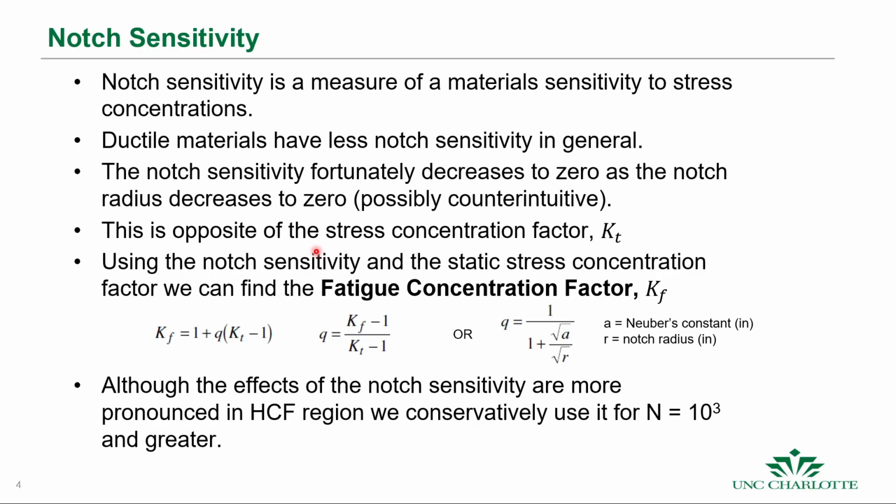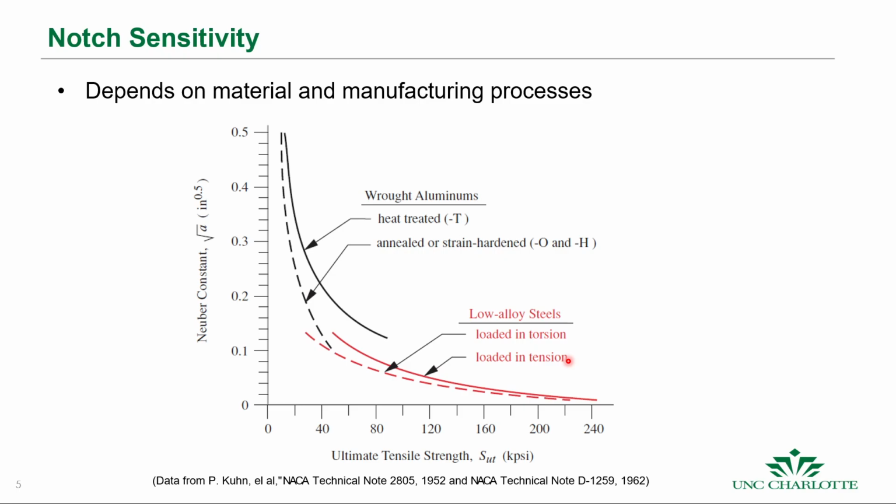Or we can express the notch sensitivity in terms of 1 over 1 plus the square root of A over the square root of r, where A is Neuber's constant in inches, and r is the notch radius, in this case in inches. Okay, and this is what the Neuber constant looks like as a function of the ultimate tensile strength of a material.